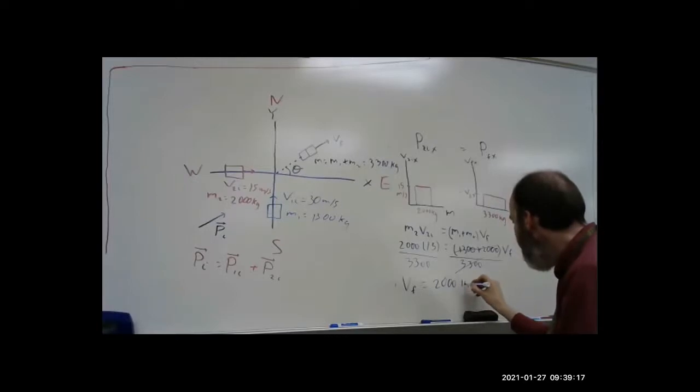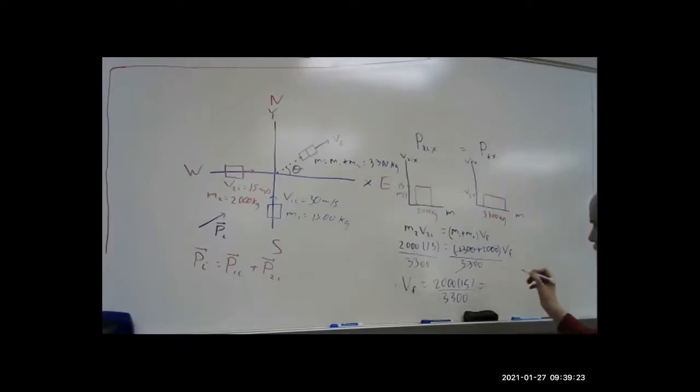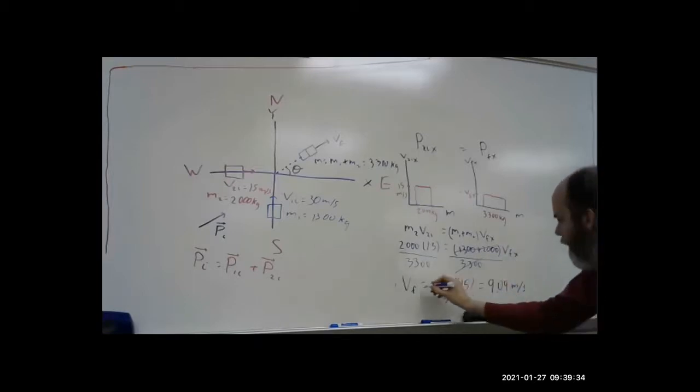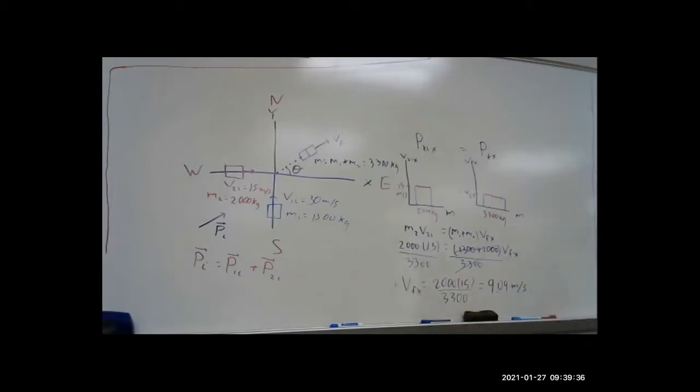And that is 9.09. So this is V final X. So we have V final X is 9.09 meters per second.